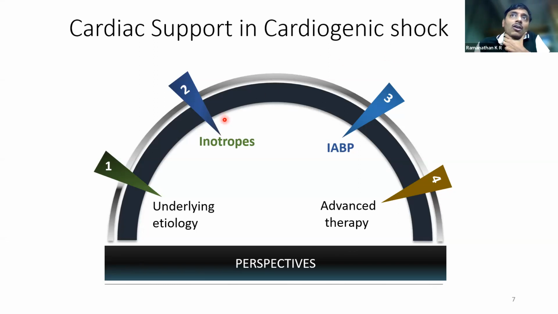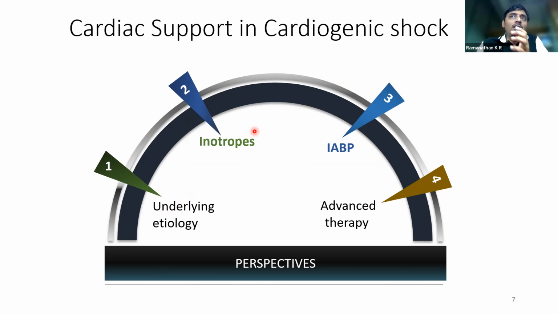Alongside identifying the underlying etiology, you also will have to make sure what stage of shock your patient is in and what kind of therapy is required for that particular stage of shock. Now, I'll come to that in the next few slides as to how you identify this and how you initiate inotropes in such a setting. Now, there will be a group of patients who will be refractory to inotropes as well.